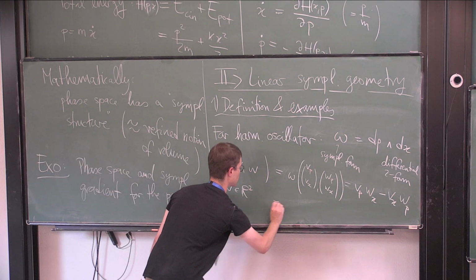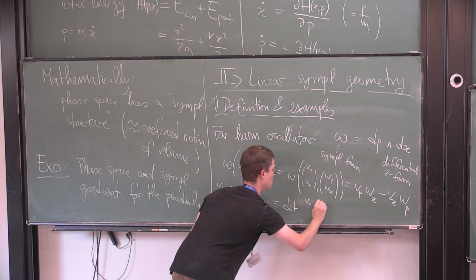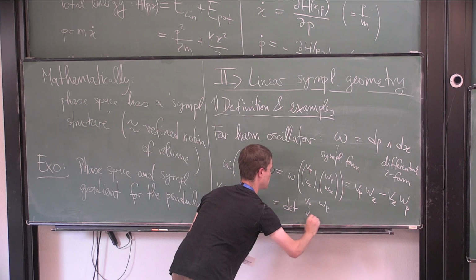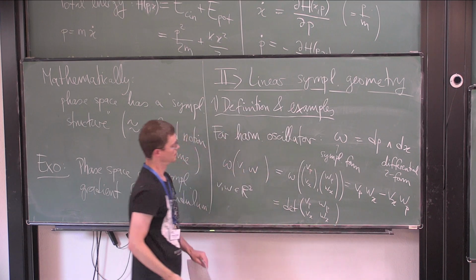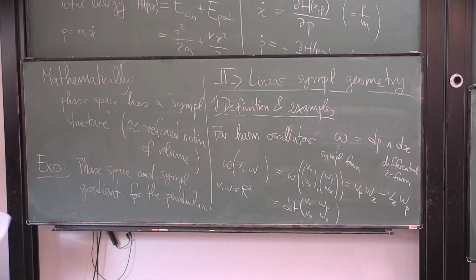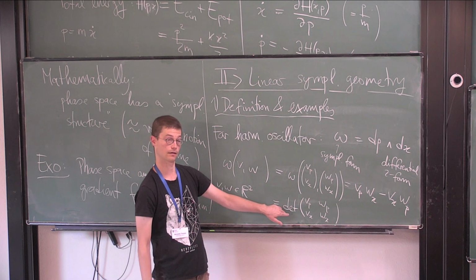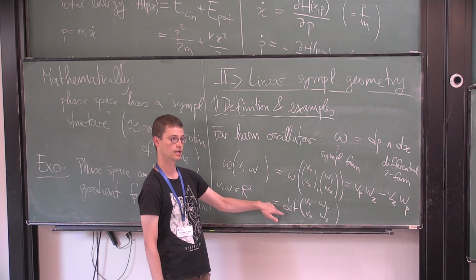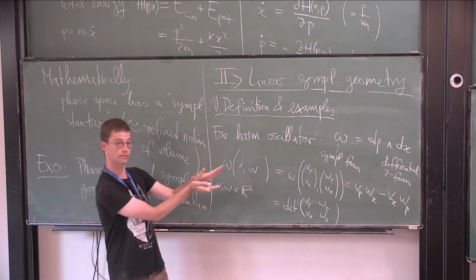You can also write it as a determinant, the determinant of this matrix with the coordinates of v and w. Maybe from high school or university you know that such determinants can be interpreted as area. It's the area of the parallelogram spanned by these two vectors.